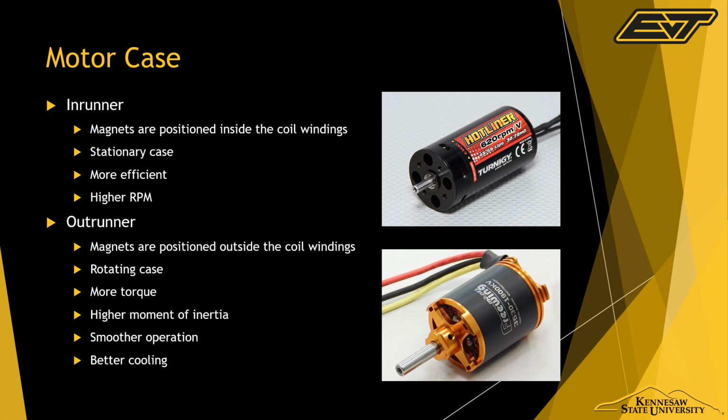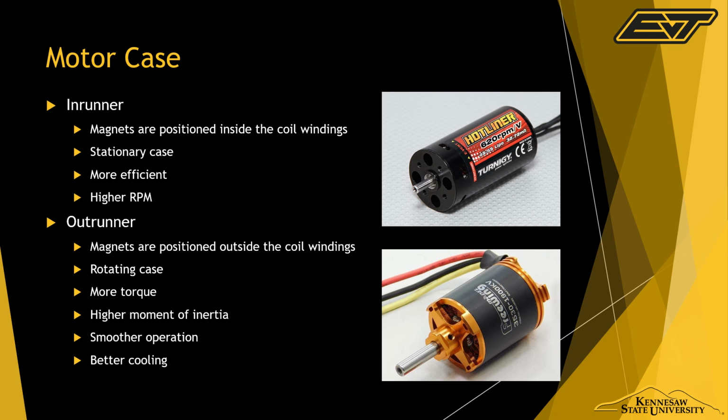Then what you're actually pushing is the moment of inertia of the rotational components and the weight of the rotational components. Now, when it comes to an outrunner motor, the amount of torque that we get out of the motor more than compensates for the higher moment of inertia. So we really don't have to worry about it. I just threw that in there because I think that it's important.